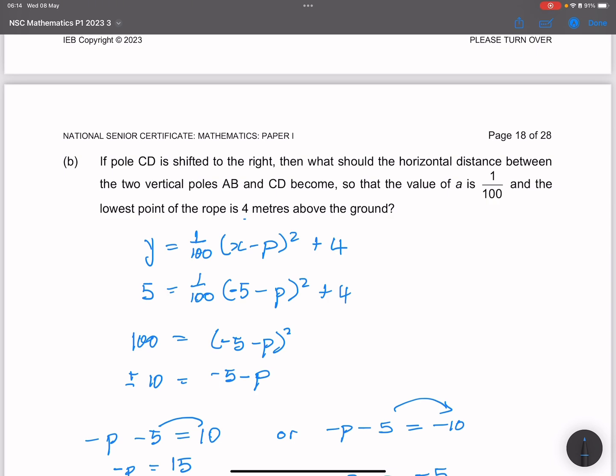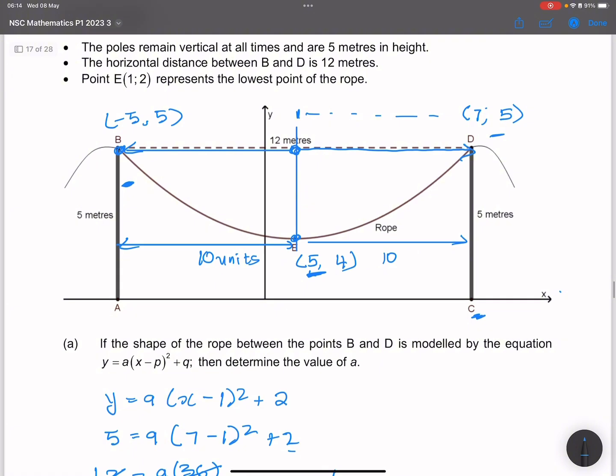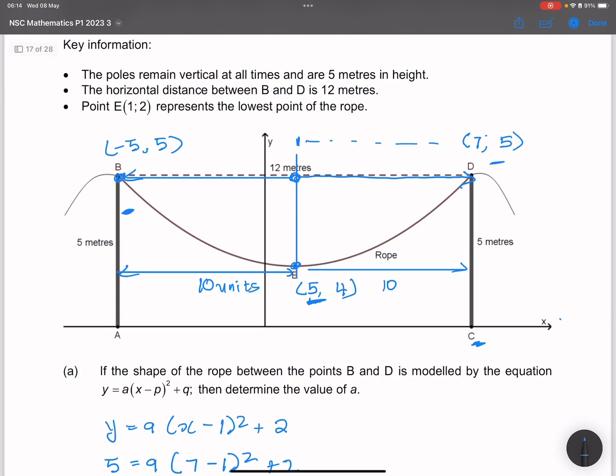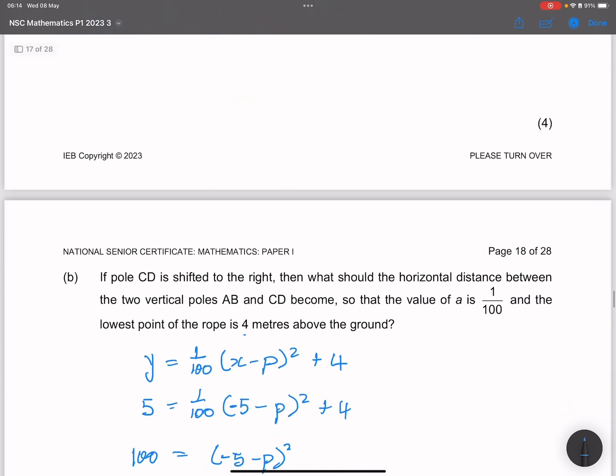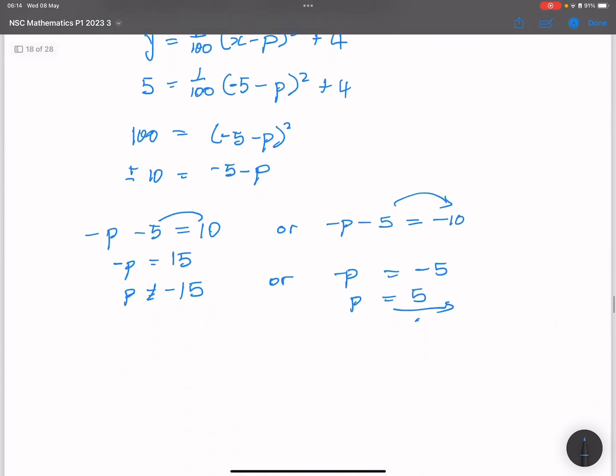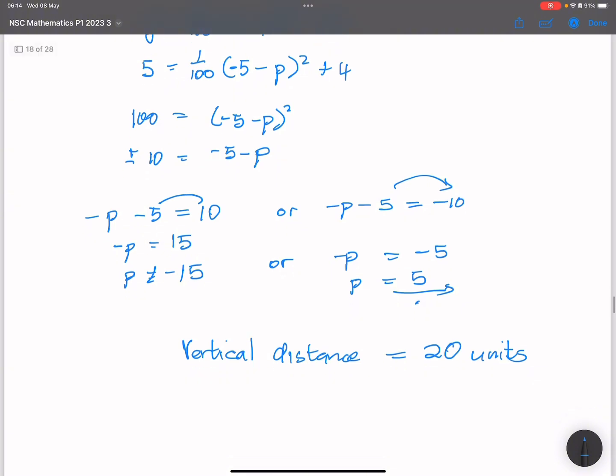All right, so the distance now, you remember, should be 20. So it would be 10 units and another 10 units. So the distance should be equal to 20 units. All right, so that is how we're going to do that question.